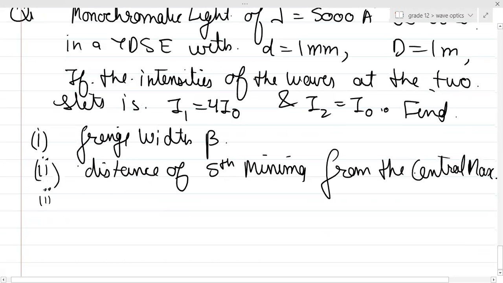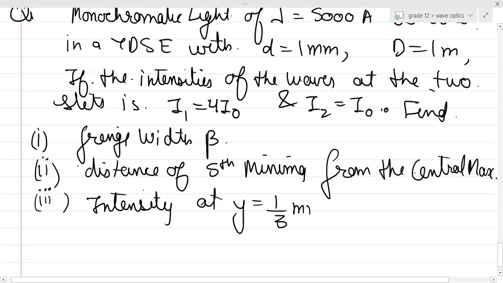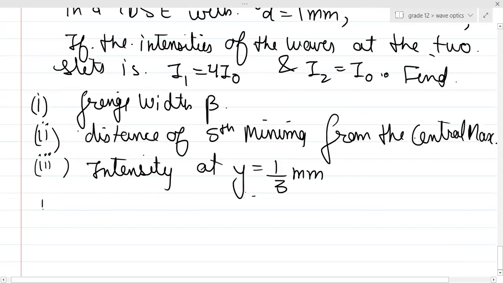The third point, you need to find out the intensity at y equals to 1 by 3 mm. So basically at this position, you need to find out what will be the intensity. This part may give you a little bit of trouble, but it is solvable.